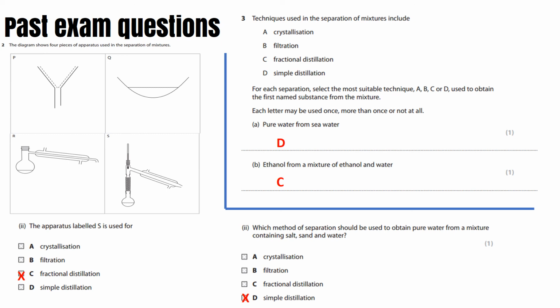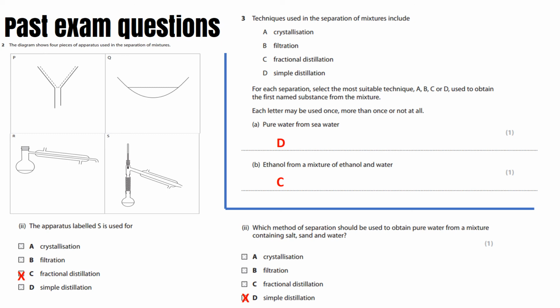So you need to remember that one key difference between simple and fractional distillation apparatus or equipment, and it's that fractionating column. Fractional distillation has a fractionating column, and in letter S we can see that. In R we can't. So R must be simple distillation, S must be fractional distillation.